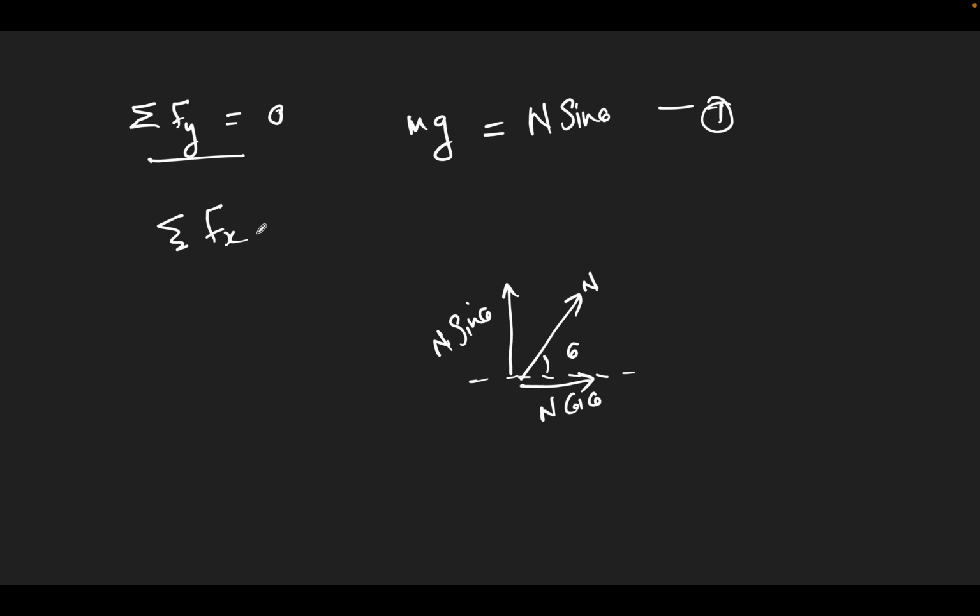The direction of N might be different, N might have been acting like this, I don't know. But I'm just putting this direction. You can see that N cos theta and ma must balance. Then only it can be in equilibrium, right? So maybe you can consider that N must be acting in this direction.